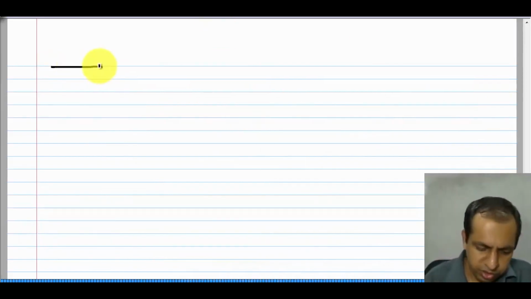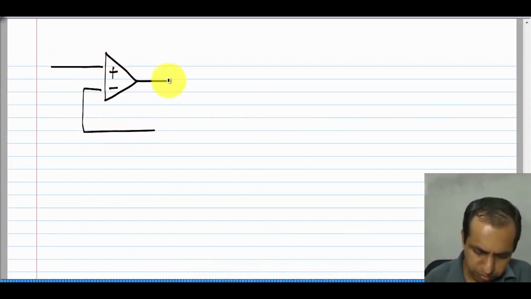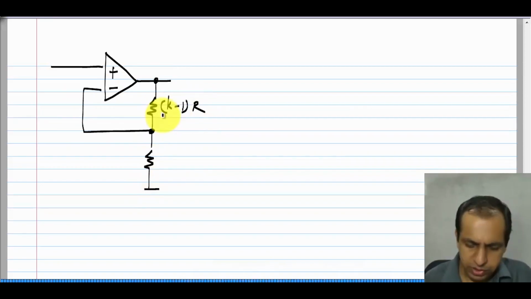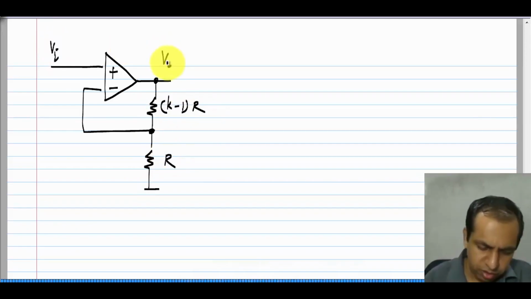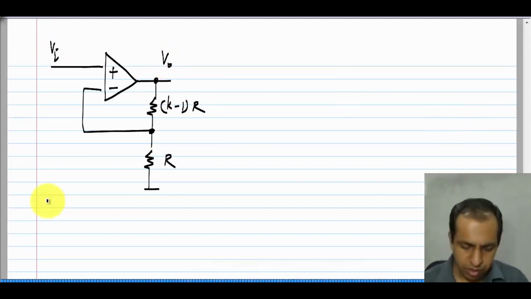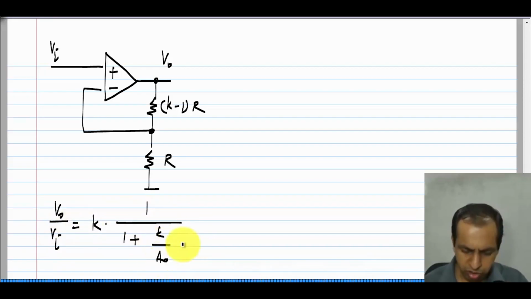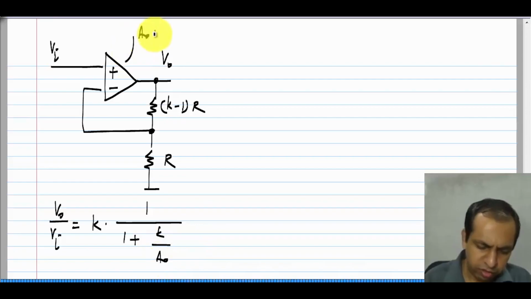So, some quick comments on this circuit. I have set the resistance value, the upper one to be K minus 1 R, the lower one to be R, okay. And the actual gain of this is K by 1 plus K by A naught, where A naught is the gain of the op amp.